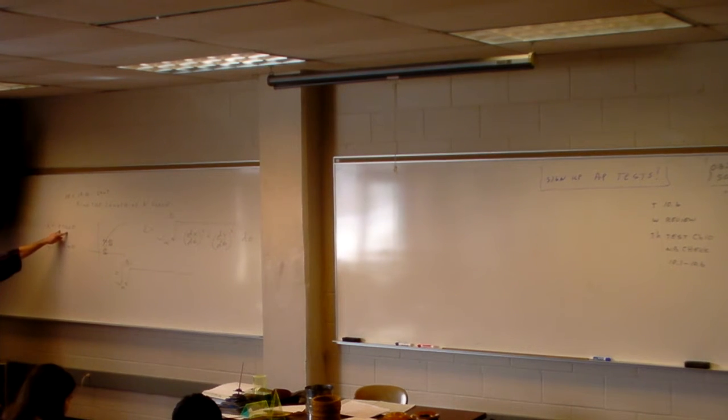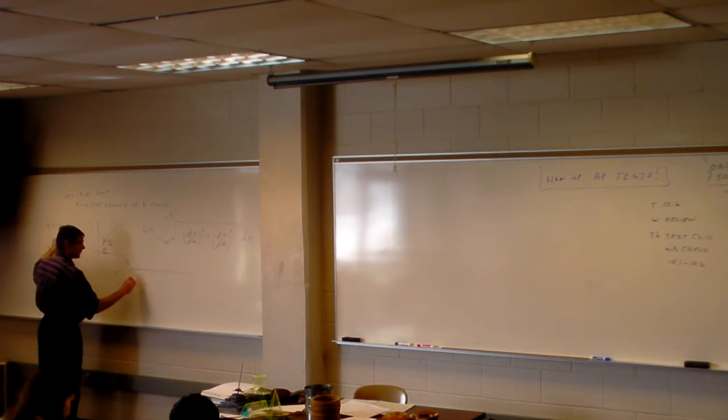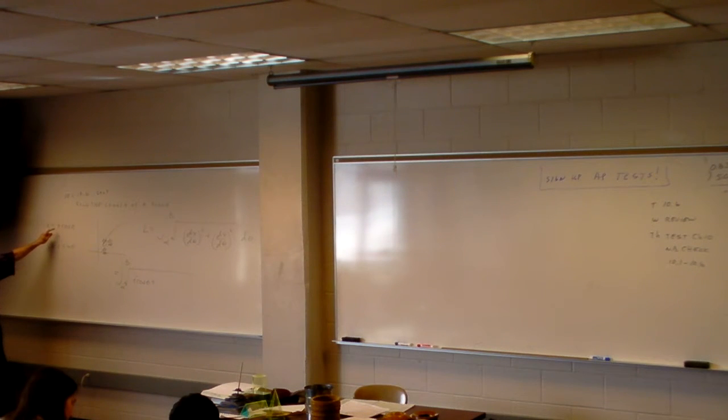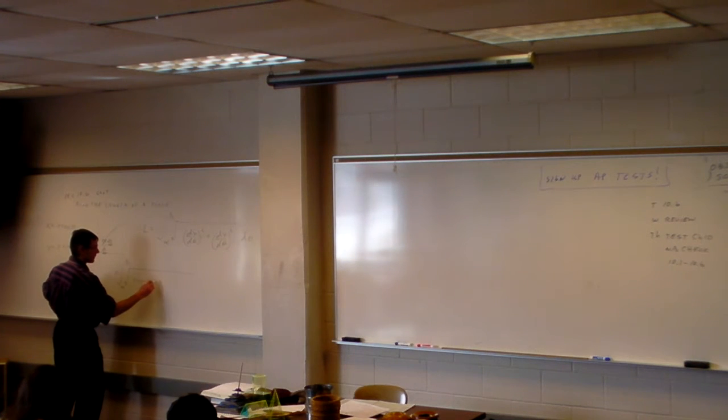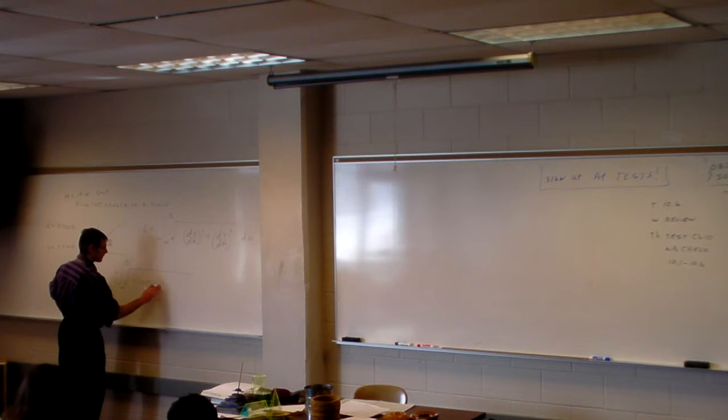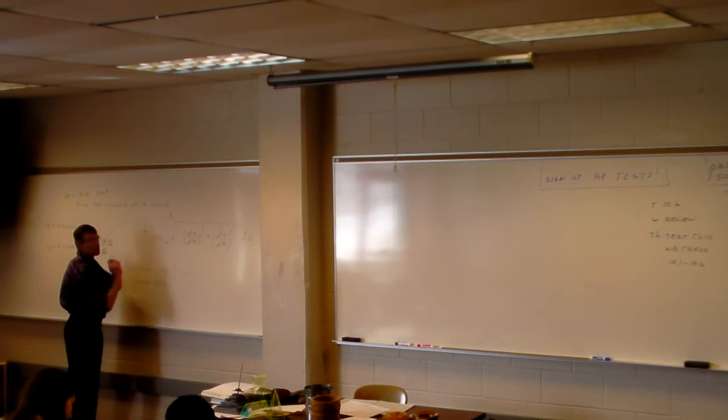So let's see if you can remember how to do that. r prime times cosine of theta plus r times the derivative of cosine, which is negative sine, so this is a minus r sine of theta. Okay, so that's the derivative of x with respect to theta.